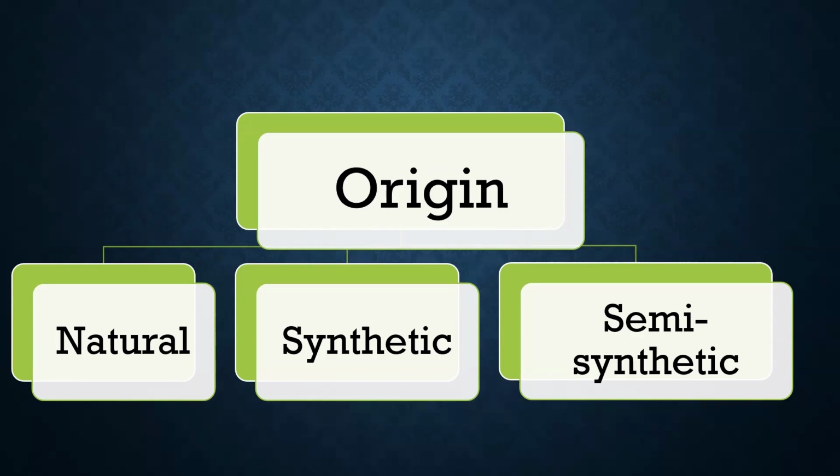All of these are natural. Synthetic are those polymers that are totally synthetic. They are prepared chemically, like the plastic polymers. Semi-synthetic, which is part is natural and the other part is synthetic.